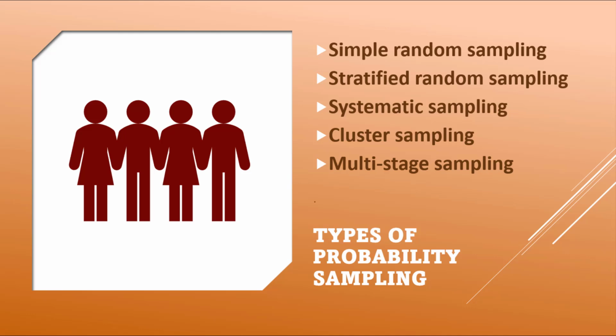Then after the selection of banks, we need to select different departments. We can also select different departments based on these sampling techniques. And finally, we use a sampling technique among these types to select our final respondents.